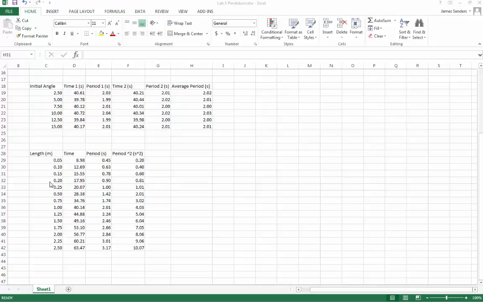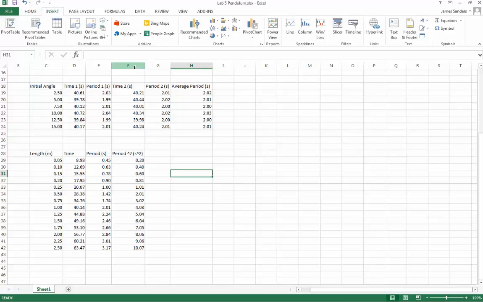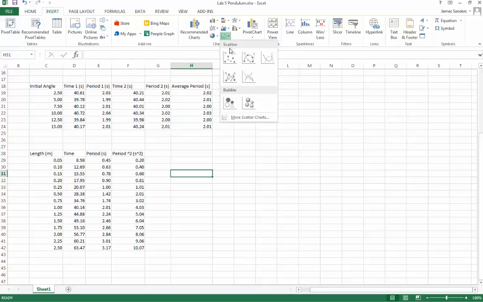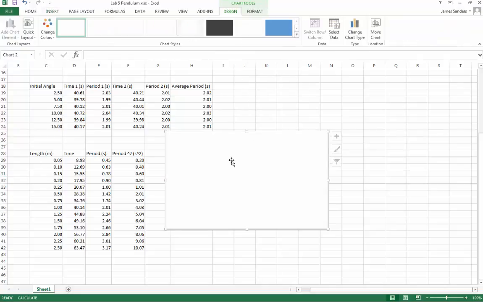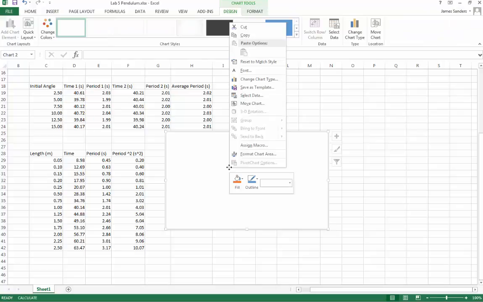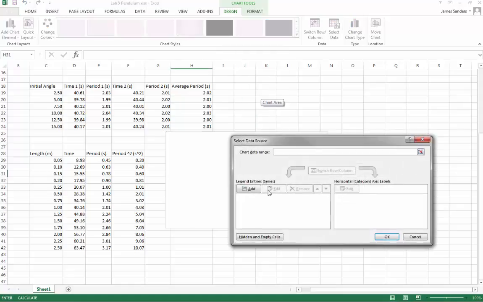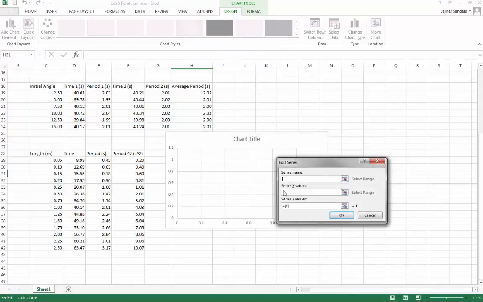Let's go ahead and add a graph to this data that we have for length versus period, since we're supposed to do that according to the directions. The way that we're going to do that in Excel, you'd go to Insert, then over to Charts, and you select a scatter chart. Then I am right-clicking on this and going to Select Data. I add a data series.